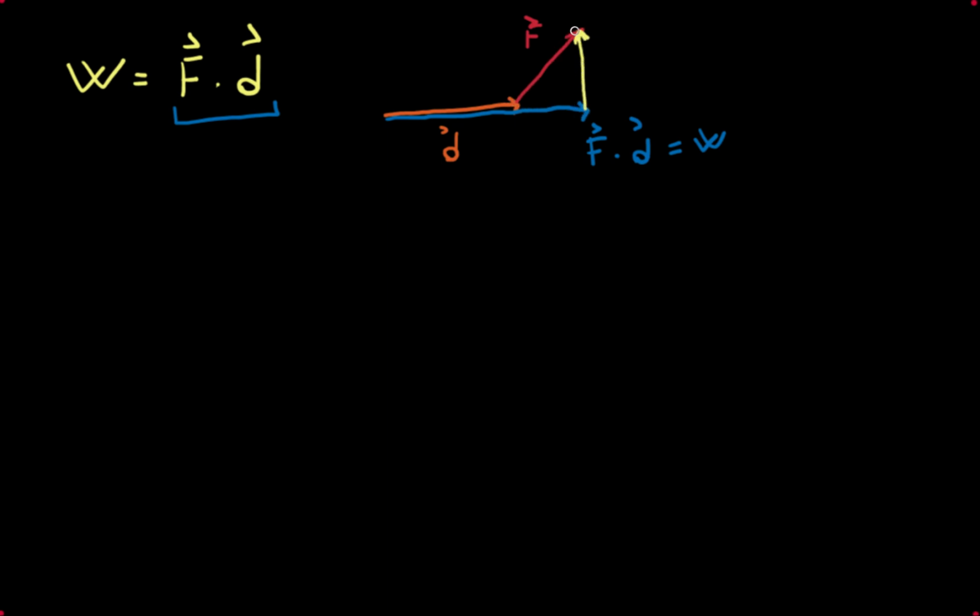So if you take this force, you break it into components, one along the direction that you traveled and one perpendicular to it, you find this. So let's say that there's an angle here, theta. That means that this length right here, from there to there, is F cosine of theta.